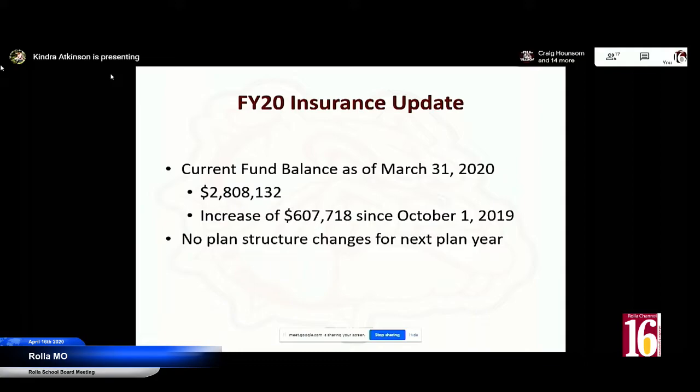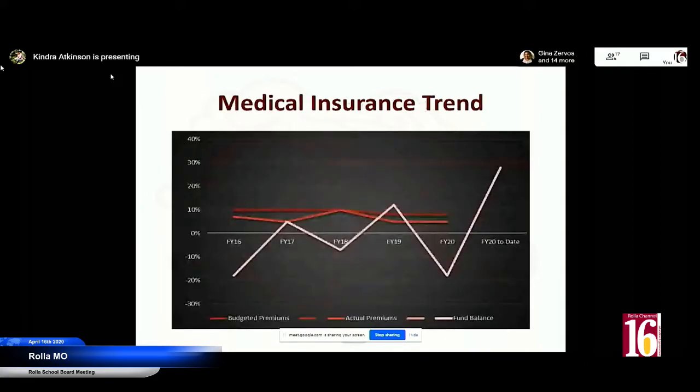But I think in the long run, we could see a drastic increase. And this is just a visual trend of our percentage changes, not dollar amount, of our budgeted premiums versus the actual premiums. You can see that we typically budget more than we actually increase, and then what our fund balance has done over the years.